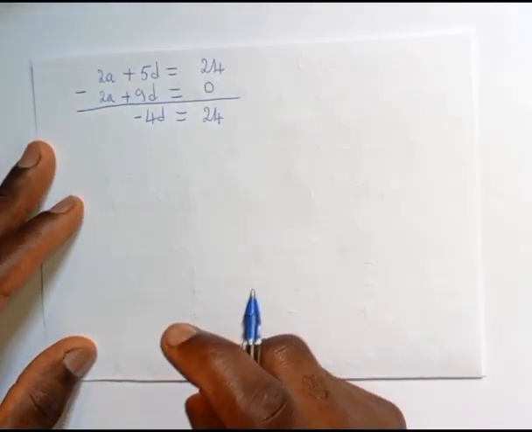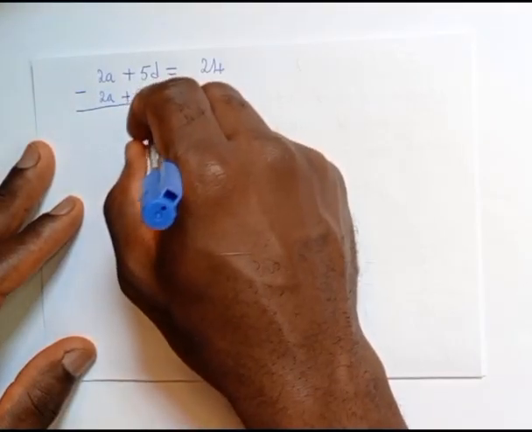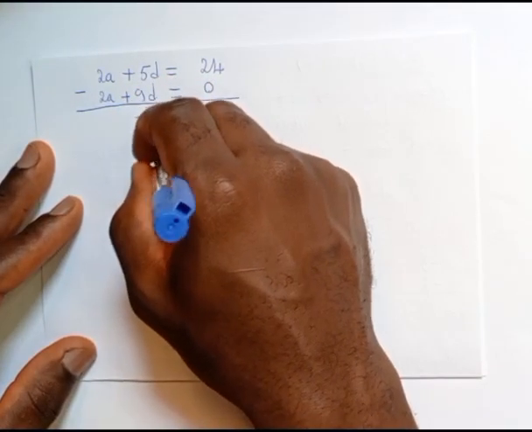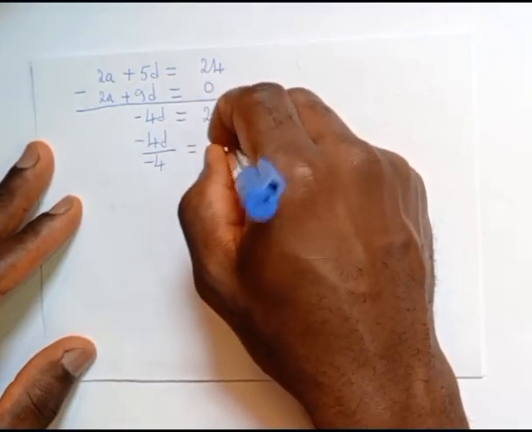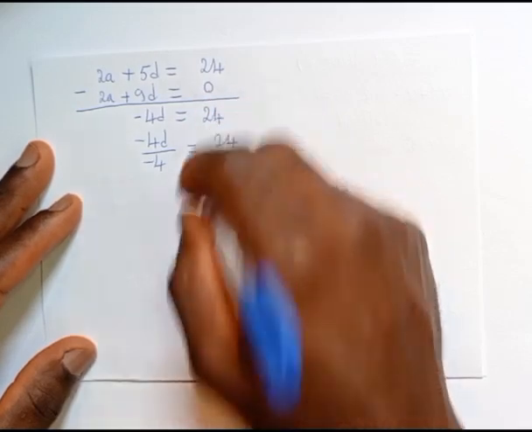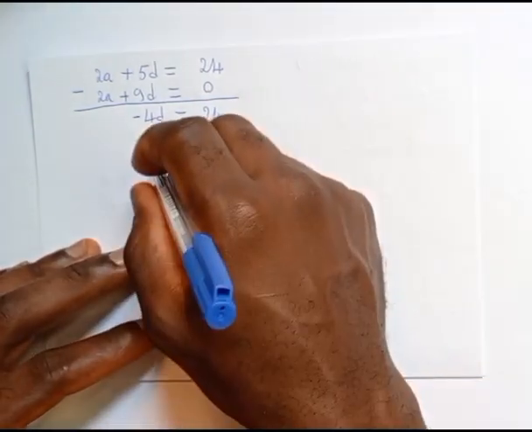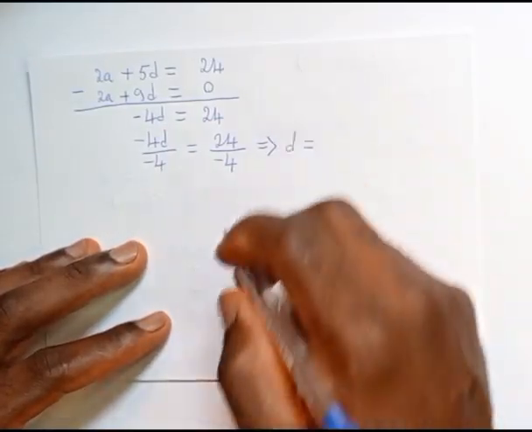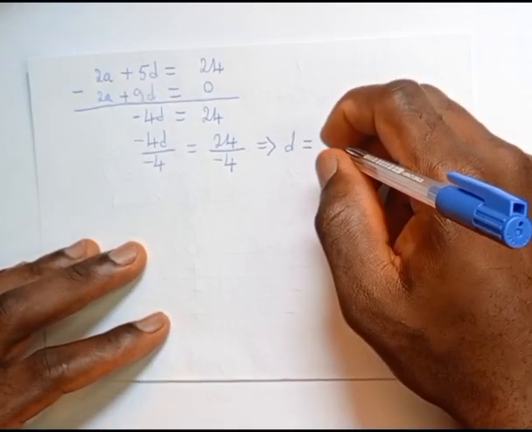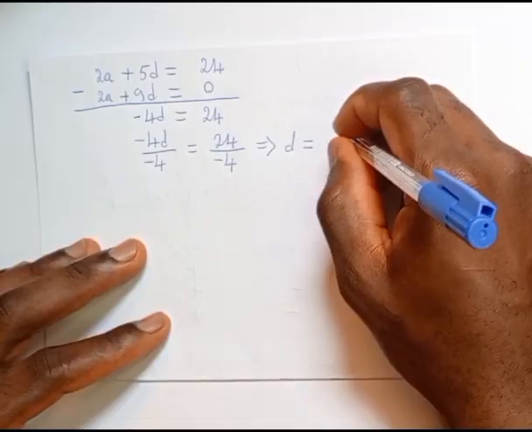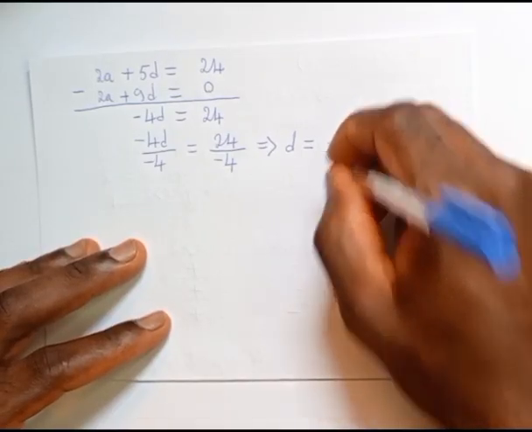For us to get the value of d, we are going to divide all through by negative 4. Negative 4d divided by negative 4 is equal to 24 divided by negative 4. This will give us d equal to negative 6. This is the value of d.